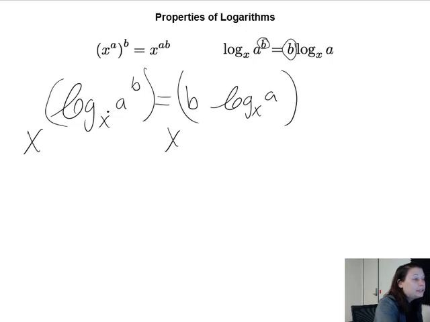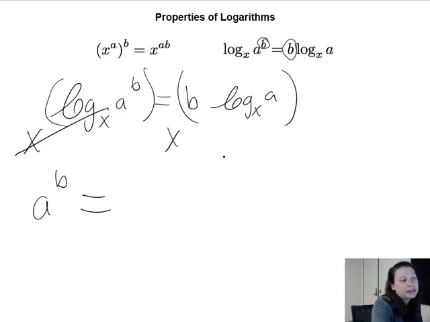If we have x to the log base x, those just cancel, okay? So all we're left with is a to the b. Now this side we have to think about a little bit. We have multiplication within an exponent. Just undo it again using the exponent rule, okay?